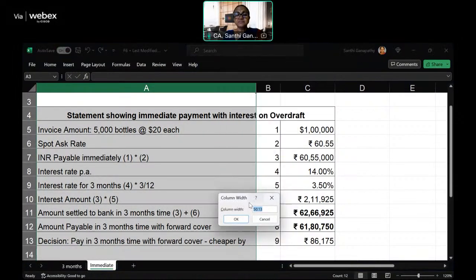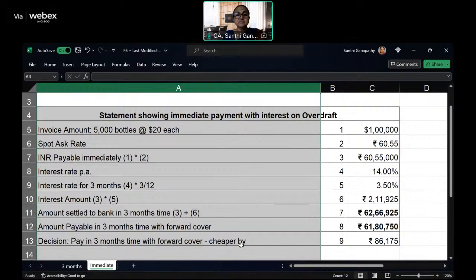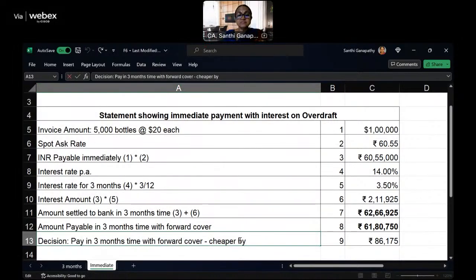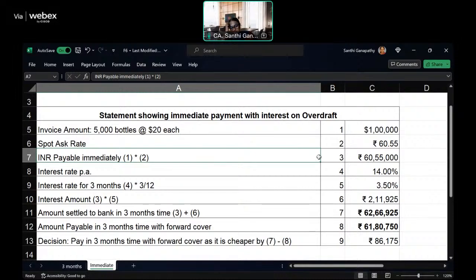Is this clear? So you gain 86,175. You pay 86,175 less.